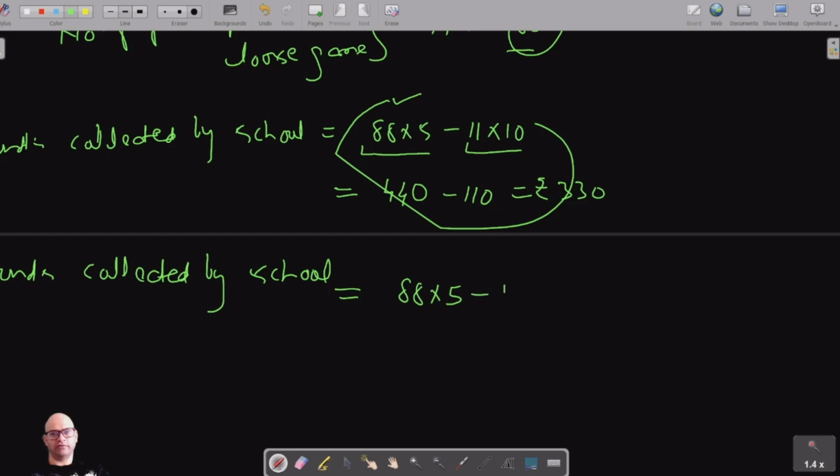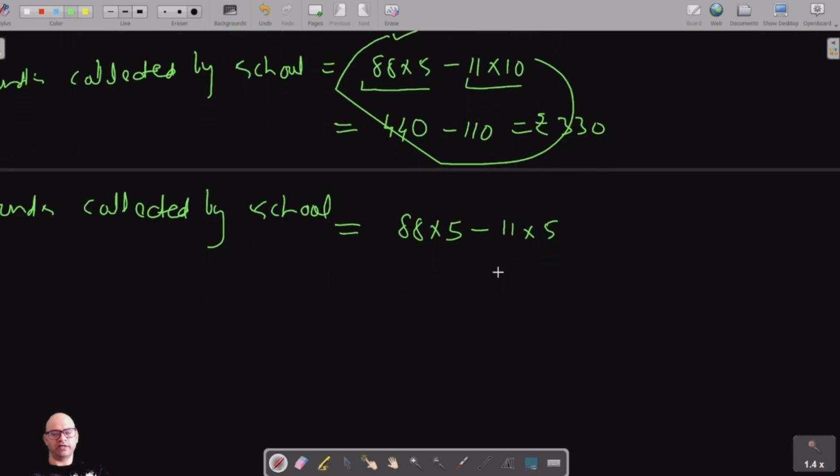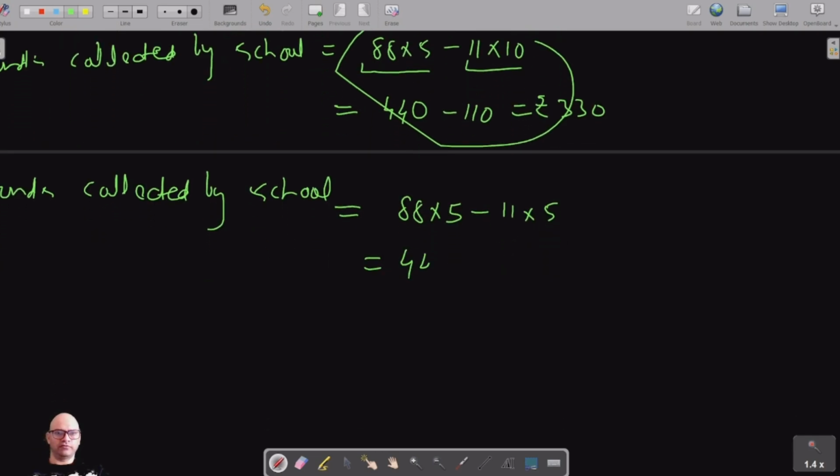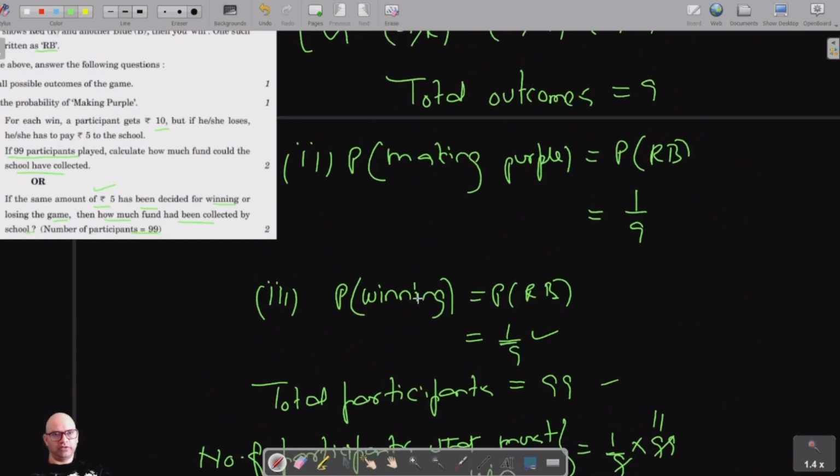So it's 88 minus 5 into 11 into 5, which is 440 minus 55. And this is equal to 385 rupees, which will be the amount. And this solves our case study 2.